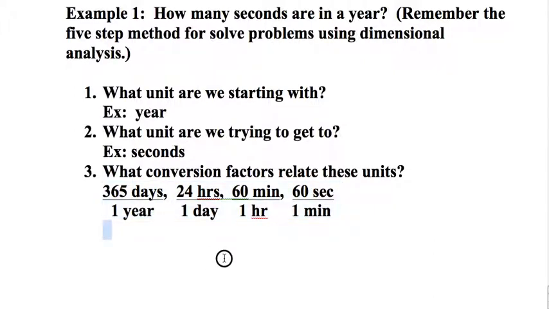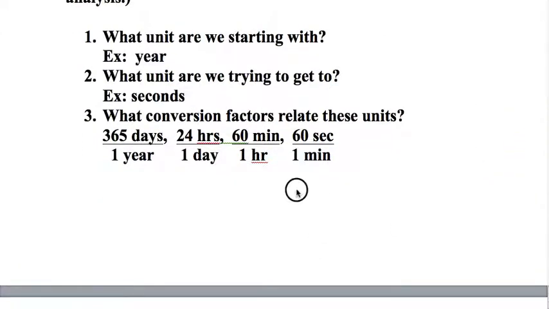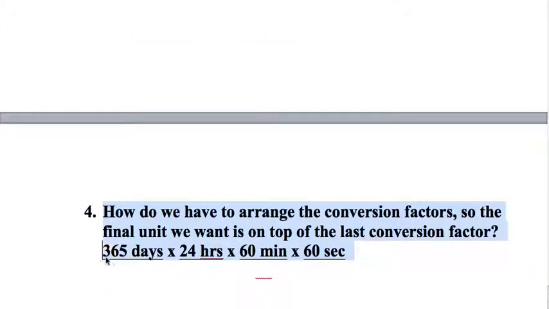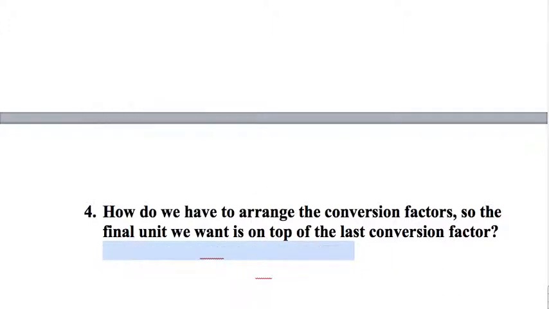The next step we have to look at is how we're going to organize these to solve our problem. Once again, we want to do it so the unit we want in the end, seconds, is on the top of the last conversion factor.